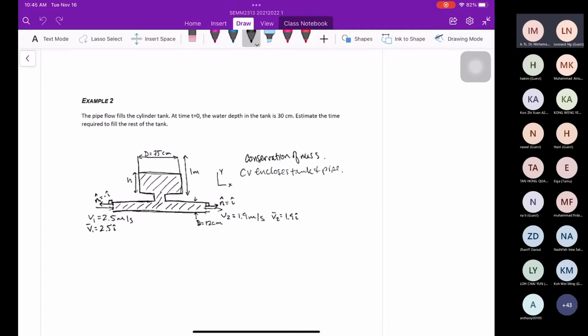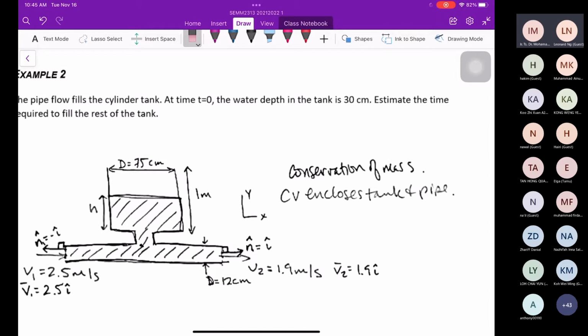We go to example 2. The pipe flow fills the cylinder tank. That means there is a water flow from left to right and at the same time it fills up. From here, it will increase the water level. At time t equal to 0, the water depth in the tank is 30 centimeters.